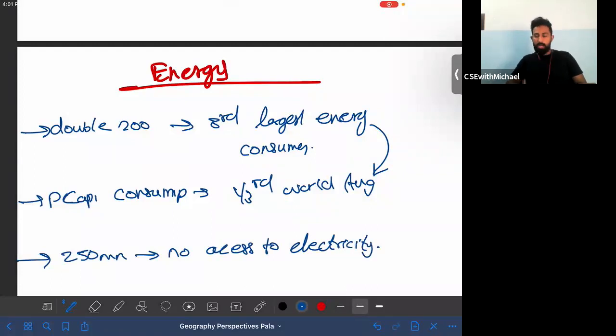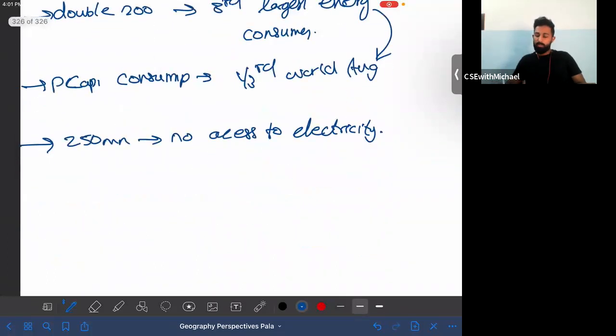And some of those who have access lack day-long access to energy. 24-hour access is limited. So that is the nature of regional variability.